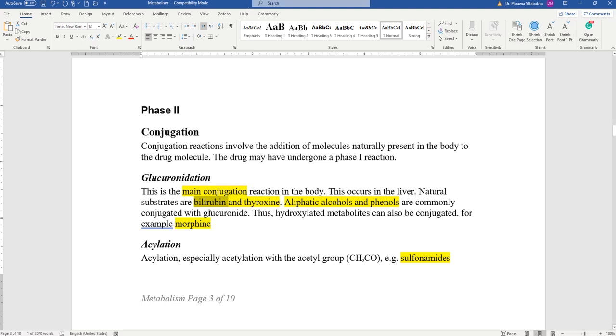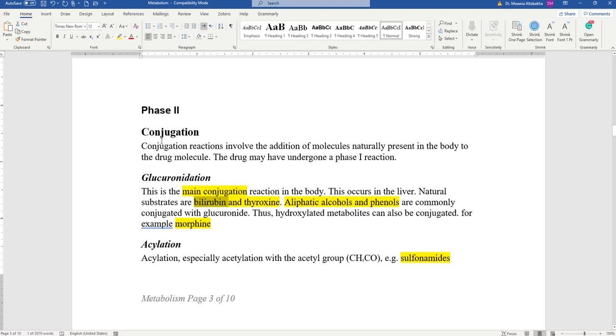Well, this bilirubin needs to conjugate with glucuronide, and when it conjugates with glucuronide, this will cause the conjugated molecule to be excreted into bile, the bile in the liver. And from the bile, where does it go? It goes to the intestine. Okay, and then it helps in digesting food.